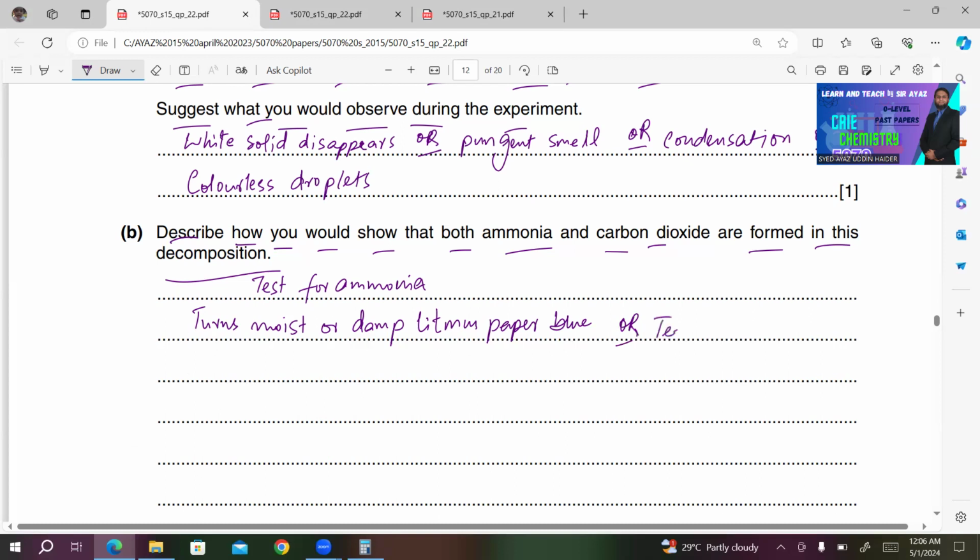A glass rod dipped in concentrated hydrochloric acid gives white smoke.